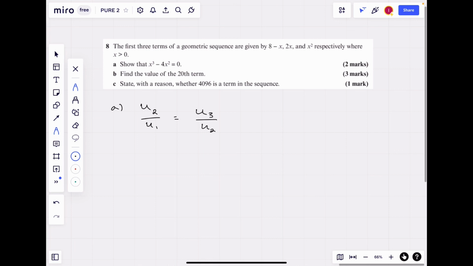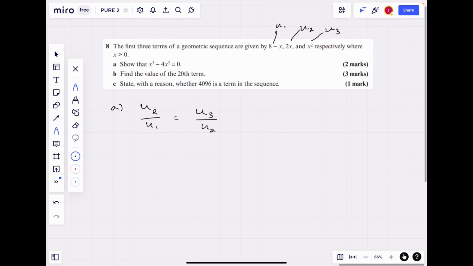Okay, now that I've given you this, if you want to give this question another shot, feel free. From here, you want to figure out what u1, u2, and u3 are. This is u1, that's u2, that's u3.